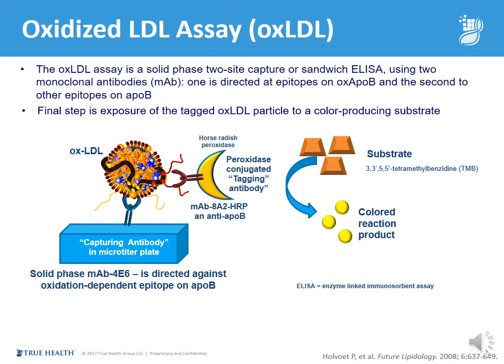And the more oxidized LDLs that are present, the more intense would be the colored reaction product. And that is easily measurable and then translated into concentrations which are reported to the clinicians. It's kind of a fascinating technique, and this is typical of what's called the sandwich ELISA.